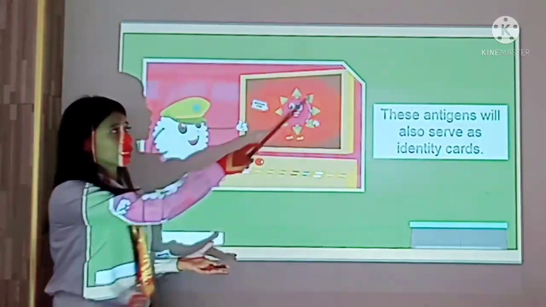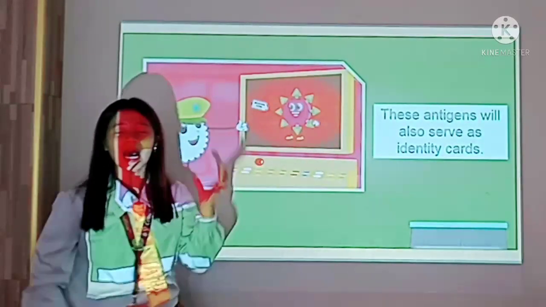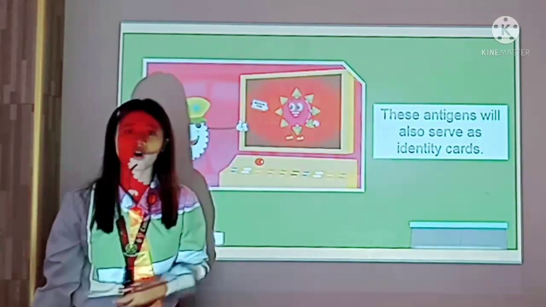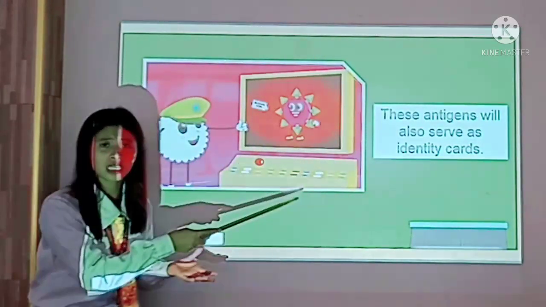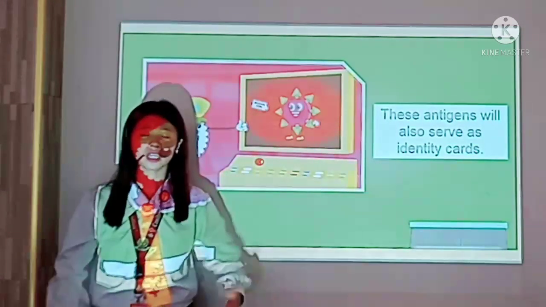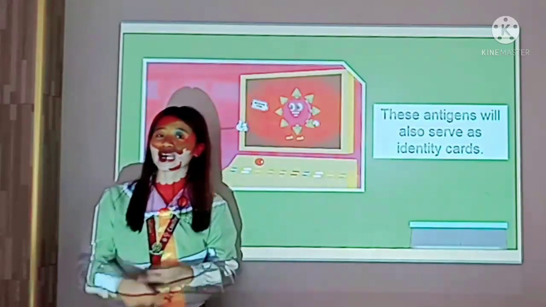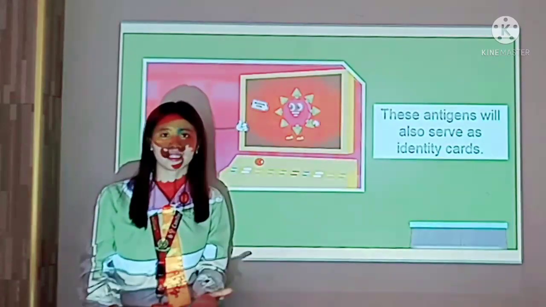This antigen will serve as identity tags para ma-detect siya ng immune system natin, so that hindi niya i-attack, okay? Hindi niya atakihin, hindi niya kalabanin.